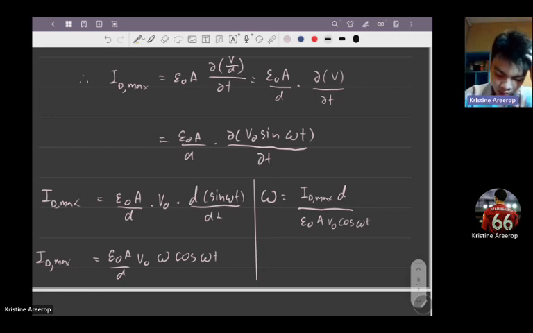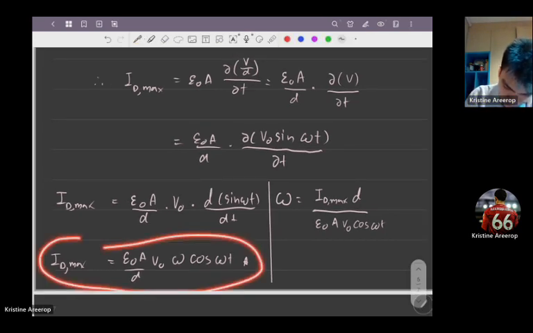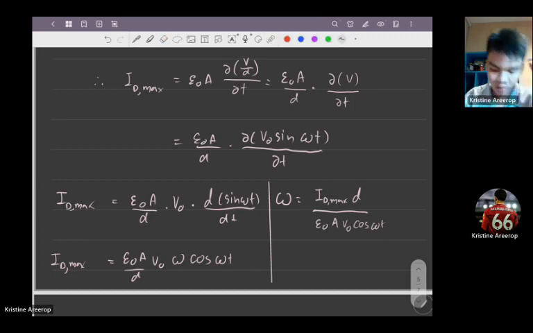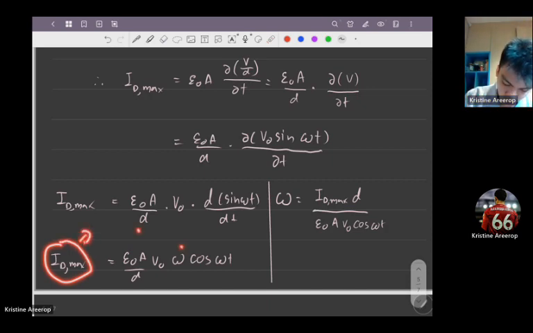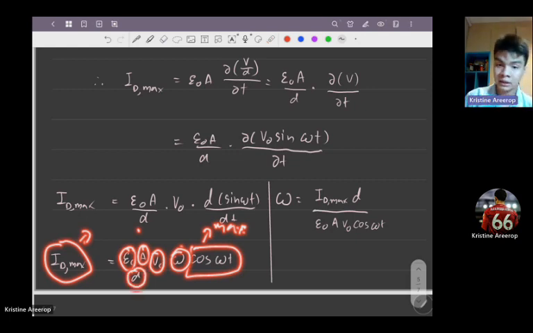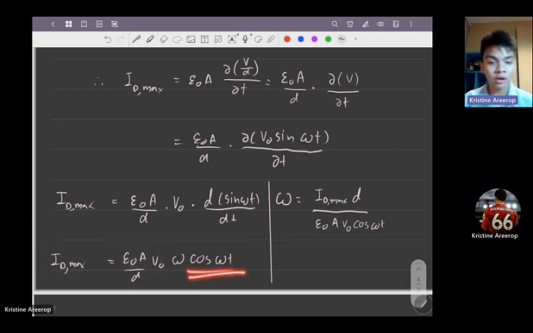Now consider this equation. If I want ID max, then cos omega t must be at its maximum, because epsilon 0, A, V0, omega, and d are constant values too. The only variable is cos omega t.